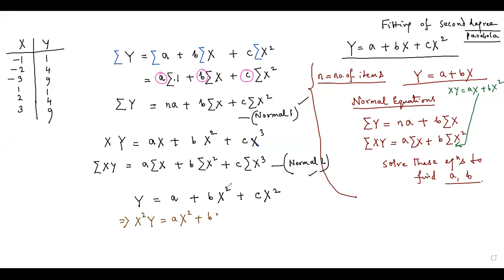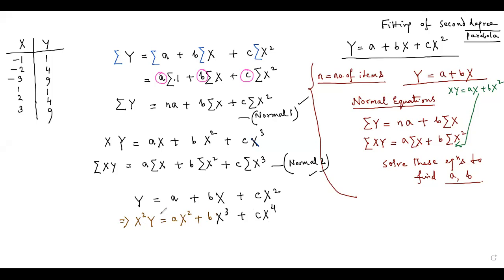Sorry, this is not x squared, this is a; bx I am going to multiply by x squared. So what do I get? bx cube and cx to the power 4.